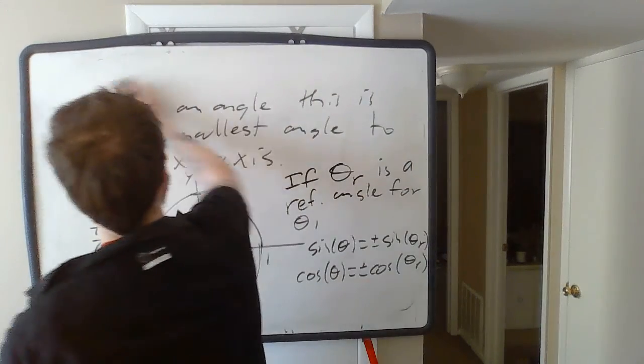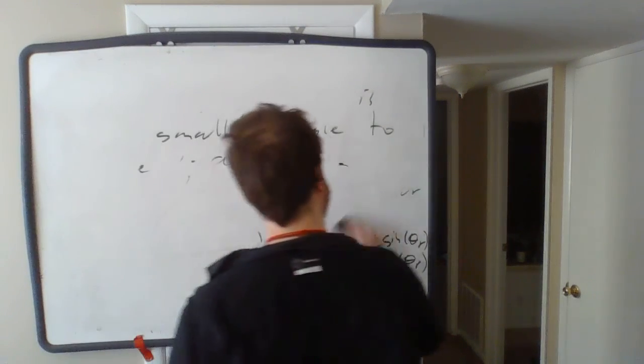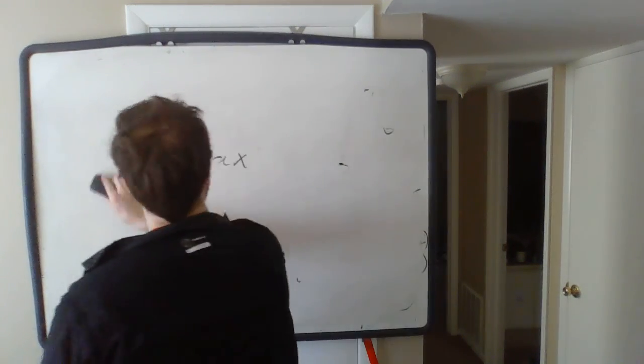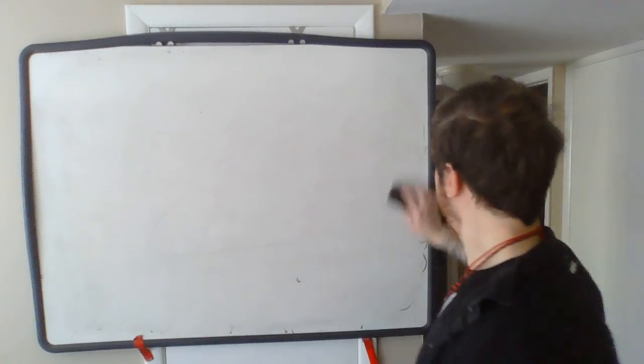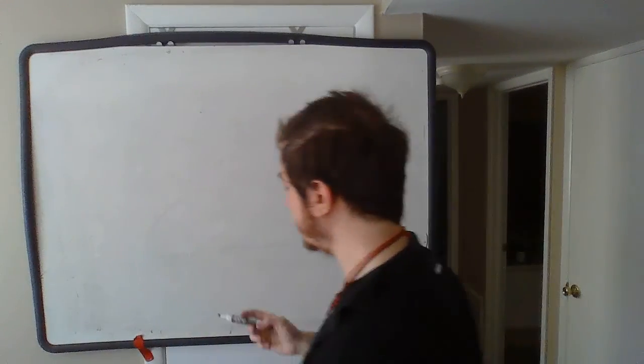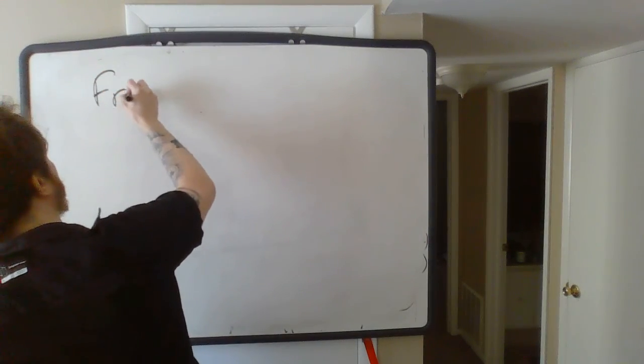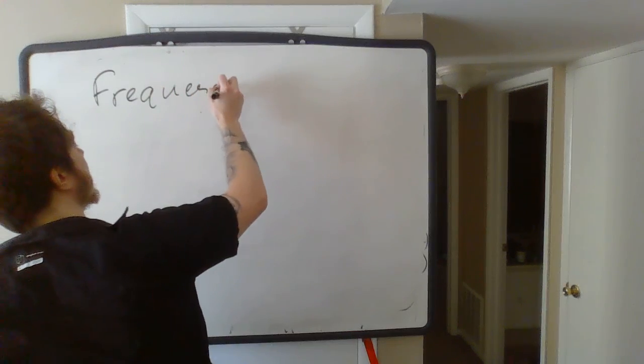The other terminology that I did not explicitly mention, I don't think, maybe I did, and I just don't remember this, is whenever we are dealing with a periodic function, another thing that we can think of with periodic functions is something which is called the frequency.